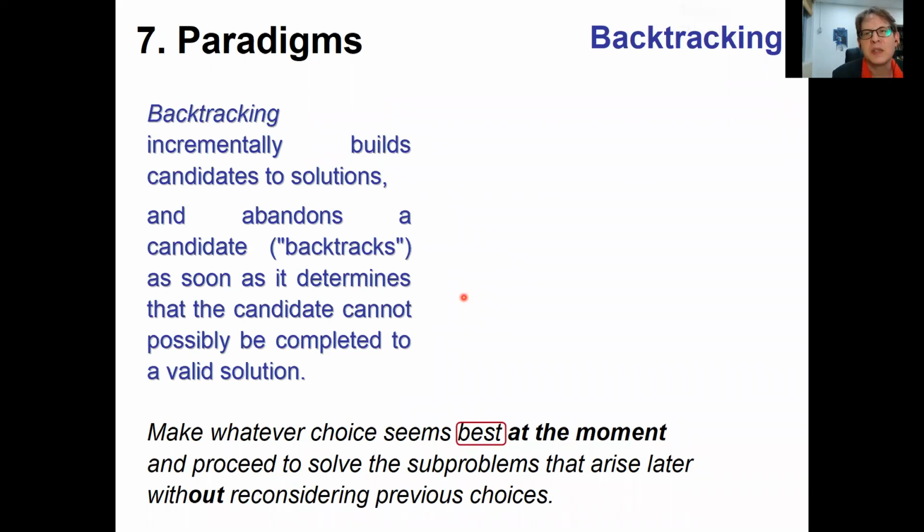A simple version of this is looking for the maximum element in an array. So we look at the first few elements, take the largest element as a candidate maximum, and then we look at the next element. If that is larger, then we abandon our previous candidate and replace it with a better one. But looking for a maximum in an array is kind of a trivial way, linearly going through the array.